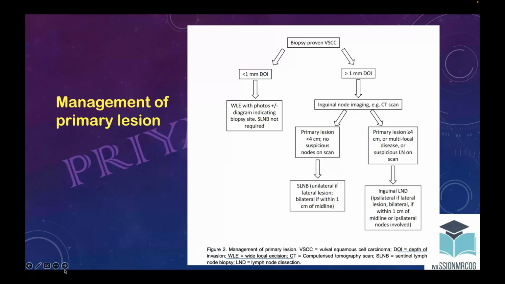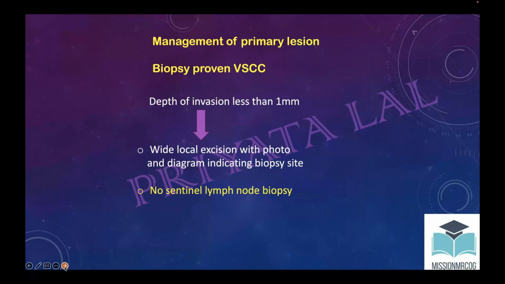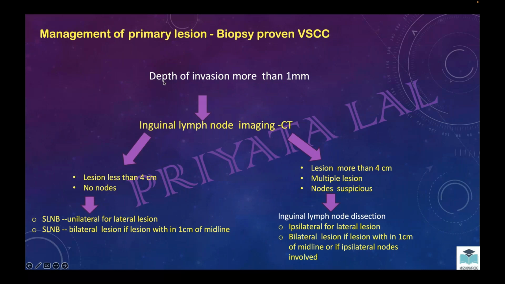The second part: if the depth of invasion is more than 1 mm, so it would be 1B and more, then they have to consider lymph node imaging, which could be done with a CT. If on the imaging there are no nodes and the lesion is less than 4 centimeters, then wide local excision will be done.